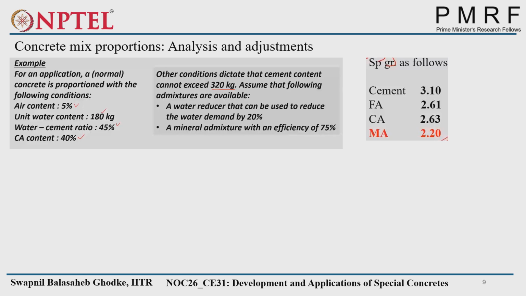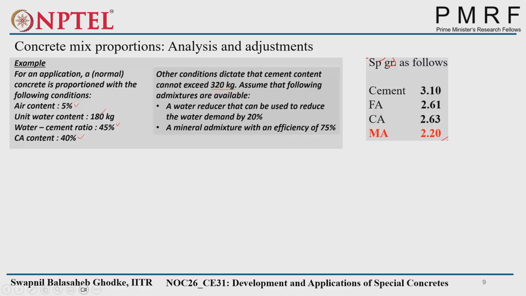And what about fine aggregate? 6 to 9. Okay, so we got this one. Now you see, we got the cement, how much? 400 kg, right? Everyone got it? So see the next part of the example.